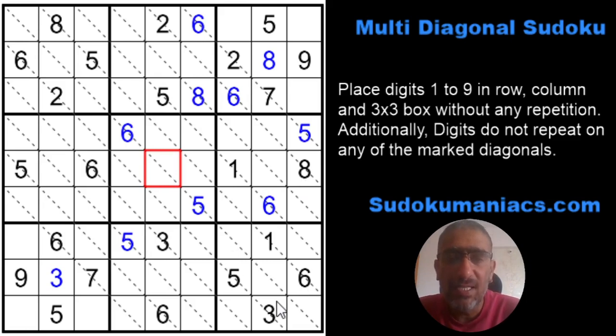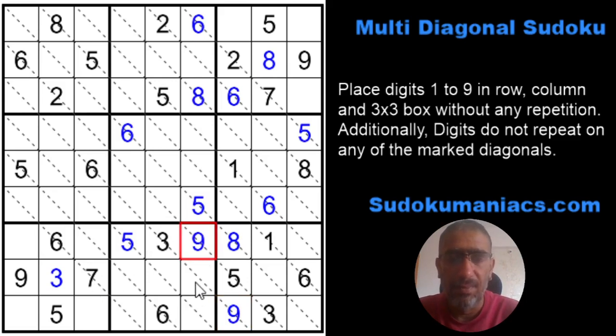Which means 8 has to be on the main diagonal in box 9, one of these three cells. But these two are eliminated because we already have an 8 in columns 8 and 9. So this has to be an 8, which means 9 cannot be here. The 9 gets eliminated from here as well, which makes this a 9 and this becomes your 9.